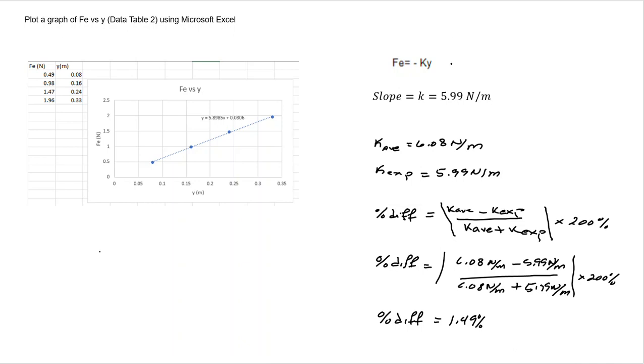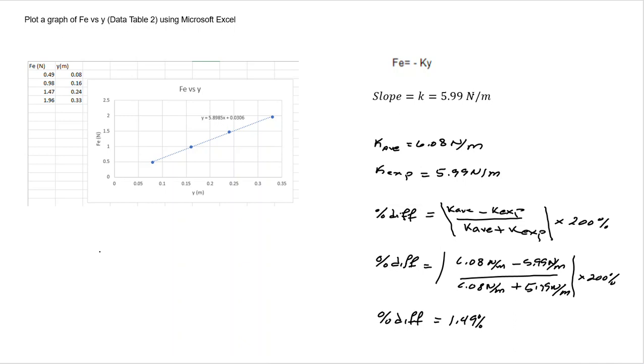Now, since elastic force can also be determined as minus the constant of the spring times the elongation, if the elastic force is the dependent variable, and y, the elongation, is the independent variable, we can determine k just equal to the value of the slope.